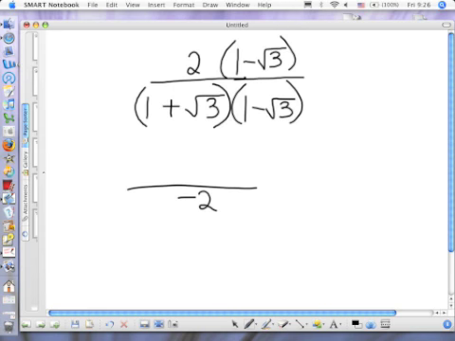Okay, but I'm going to write it out because I see confused looks on faces. All right. First times first was 1. Your outer and inner terms are going to cancel. Last times last is negative square root of 9, which is negative 3.